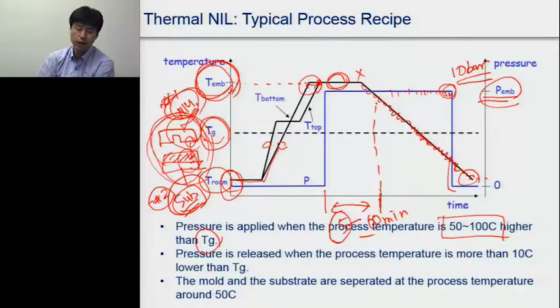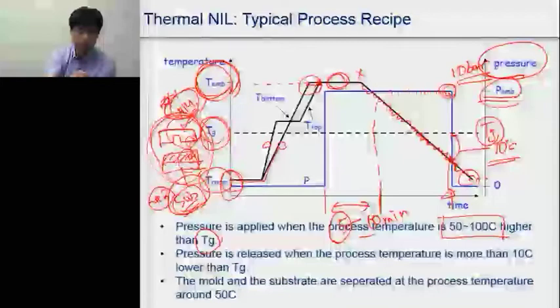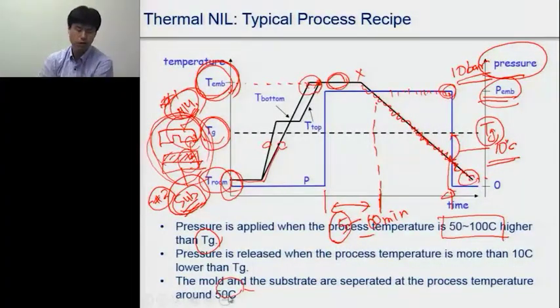And when removing the pressure, people should wait until the temperature is more than 10 Celsius degrees lower than the glass transition temperature. And for the final separation of the mold and resist, people normally wait until it reaches closer to 50 Celsius degrees.